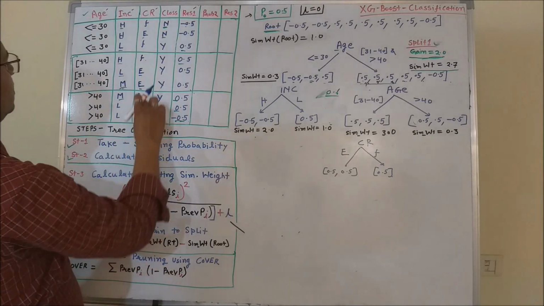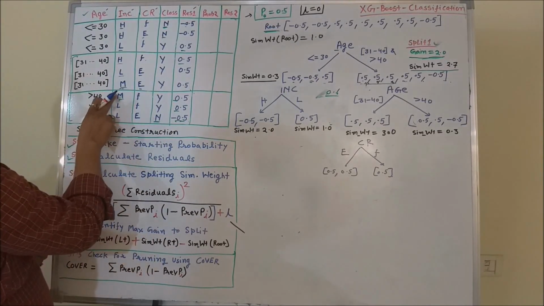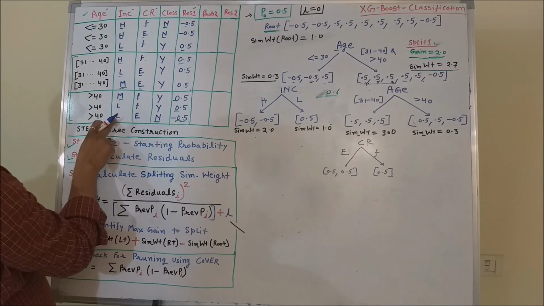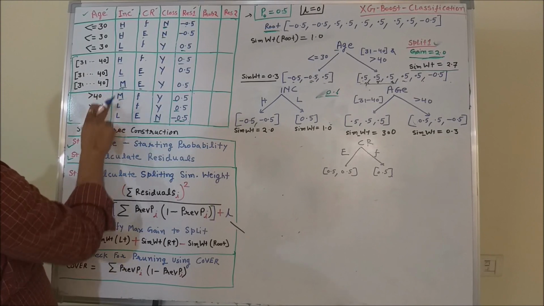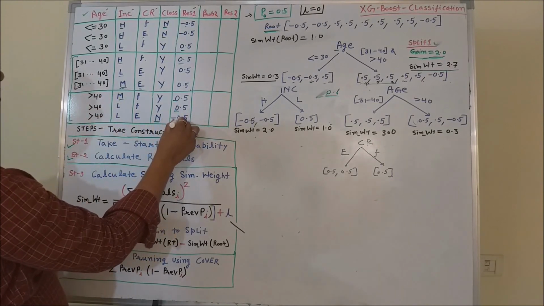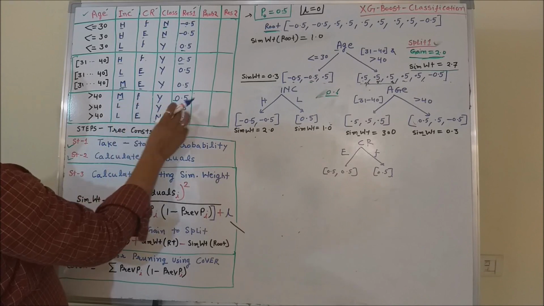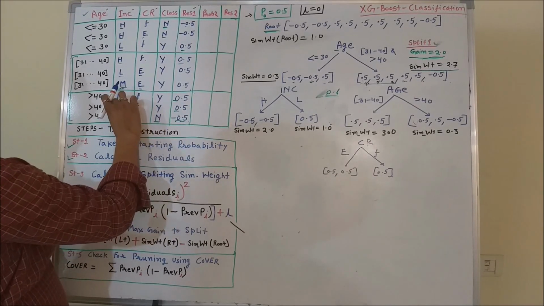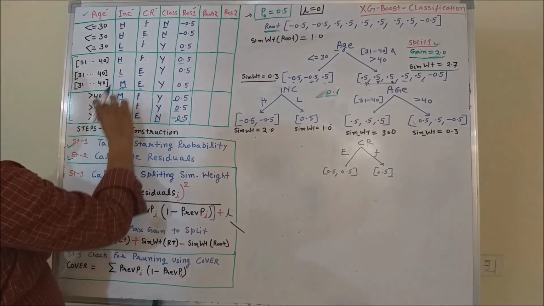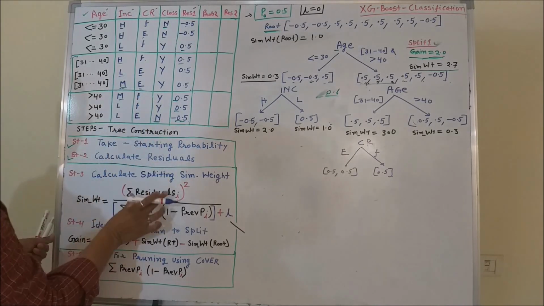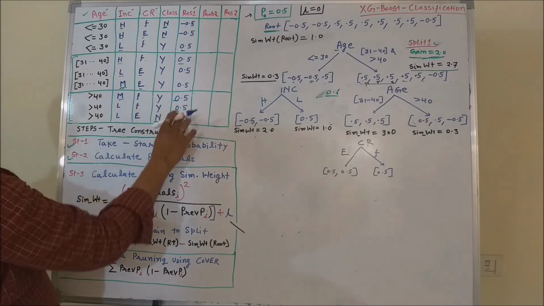But you can easily understand that if we consider low and medium, then one is positive and one is negative. So definitely for one of your children, the sum of residuals will be equal to 0.